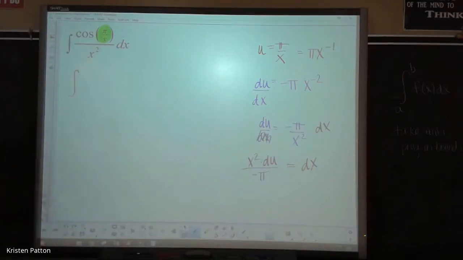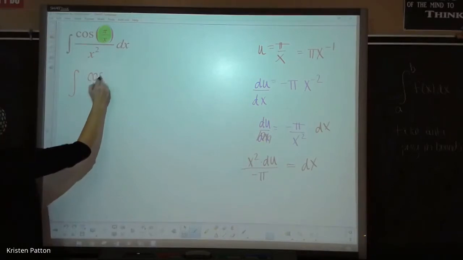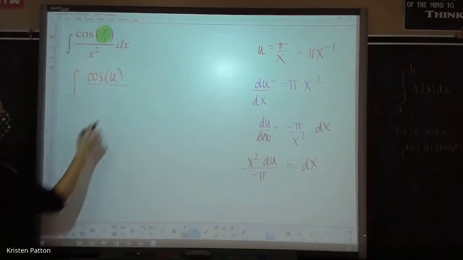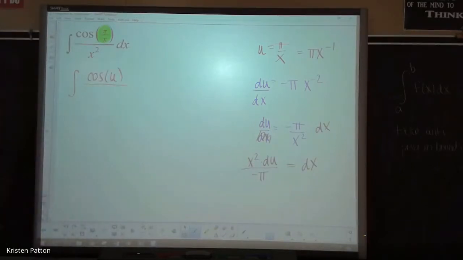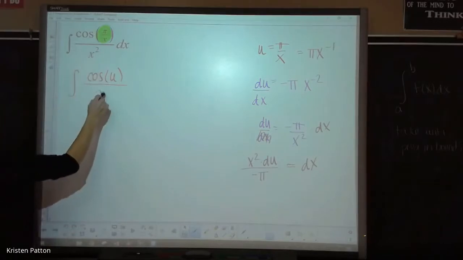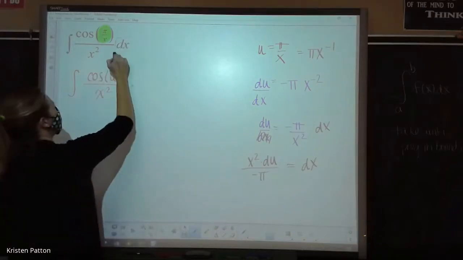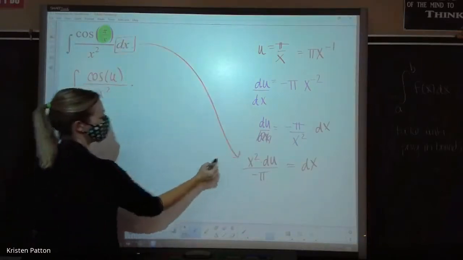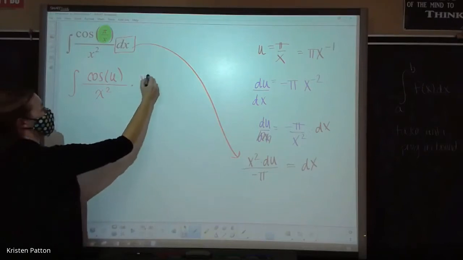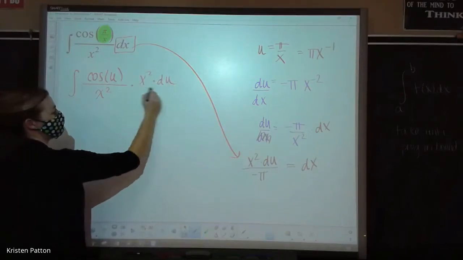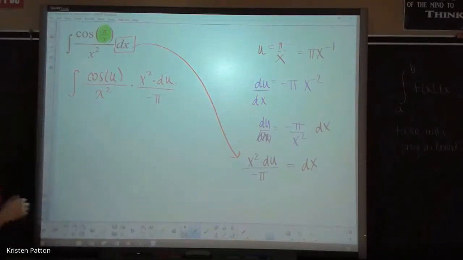Remember what I highlighted in green? That's our u. So let's make that replacement. So I have the cosine of just u. Already looks better. In the denominator, we have x squared. I don't have a replacement for that, so we'll just leave it there and hang tight. But we do have a replacement for dx. It's x squared times du all over negative pi.